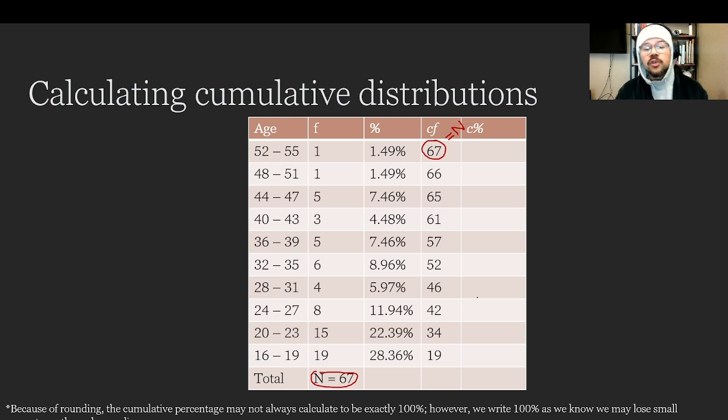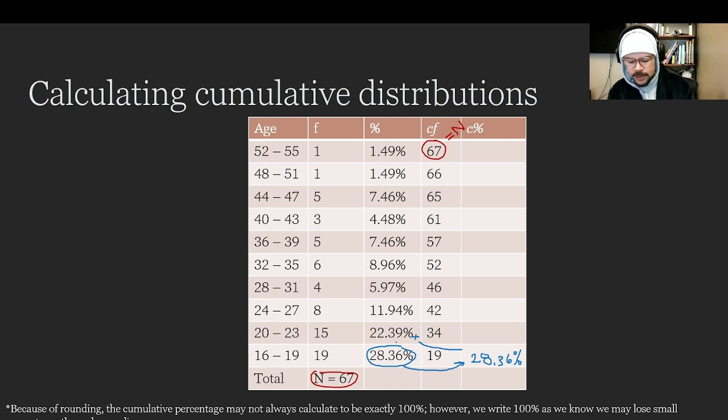All right. So that's for calculating cumulative frequency. The process for calculating cumulative percent is actually the same. Now we're just using the percentage numbers. So we're going to take our bottommost percentage, which is 28.36, and we're going to add it to 22.39%.